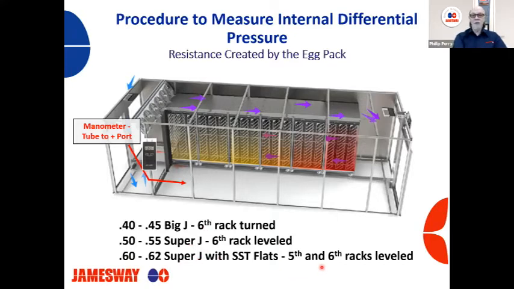With the SST flat, the 5th and 6th racks are level. So that's the procedure. When you're taking these values, this is what you should see, and it would influence what you're reading if your racks aren't in the proper position.